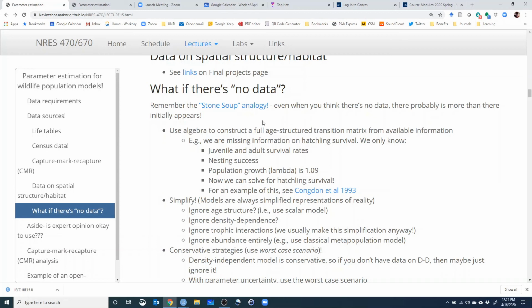So basically we've solved for x. We now have a hatchling survival rate because we matched the lambda from our matrix with the lambda that's been observed. And you can see an example of this if you click on the link.